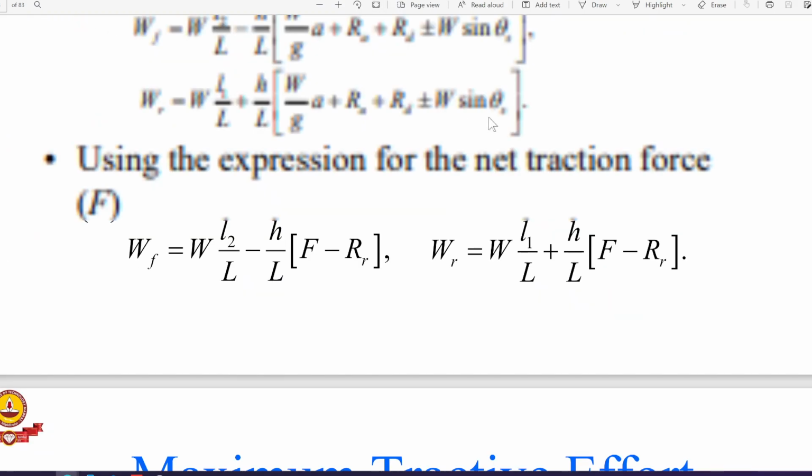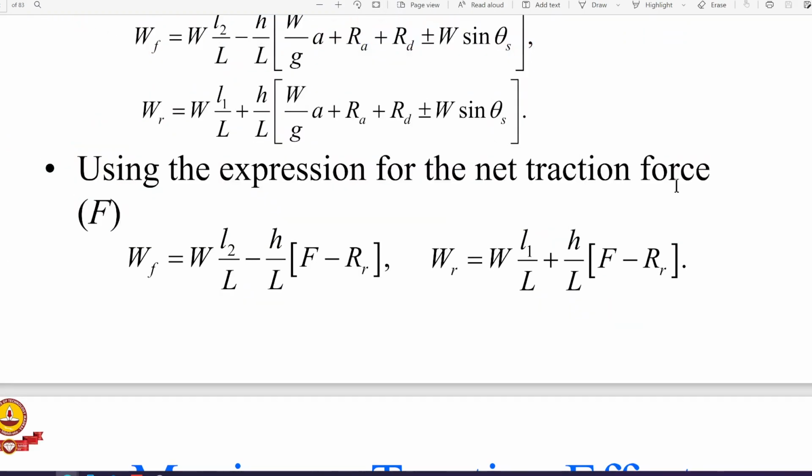And yeah, this is where we are, right? Using the expression for net tractive force, we can get WF and WR, that is the normal load on front and rear wheels, in terms of the tractive force, rolling resistance, and the vehicle attributes like weight and CG position.